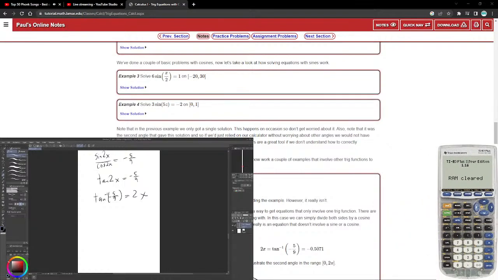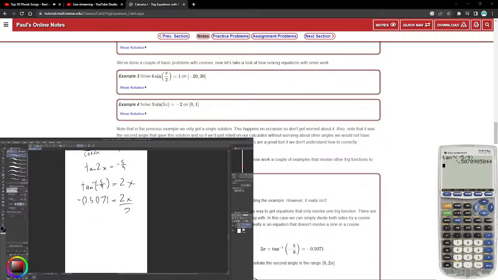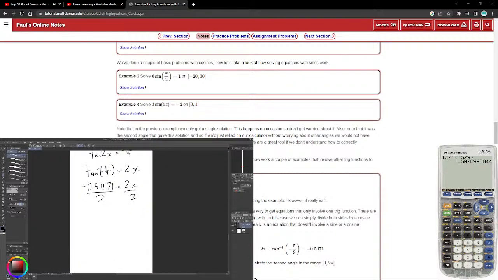There we go. Okay. So inverse tan -5/9. So we got -0.5071 equals 2x, divide by 2 on both sides.